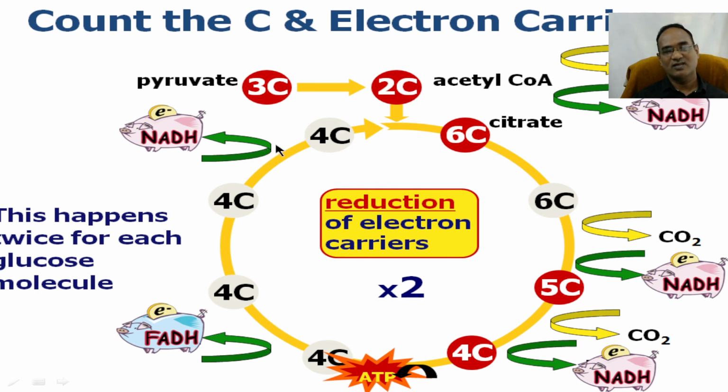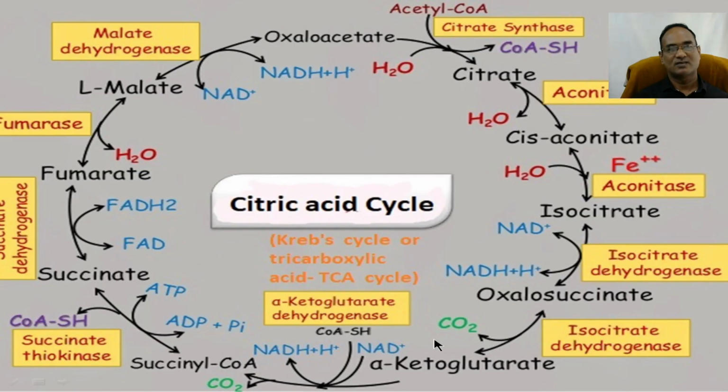So oxaloacetate contains 4 carbon molecules, and these 2 carbons make it 6. In the third stage, one carbon will be removed, and in the fourth stage, again one more carbon is removed, and the remaining phase will travel with 4 carbon molecules.